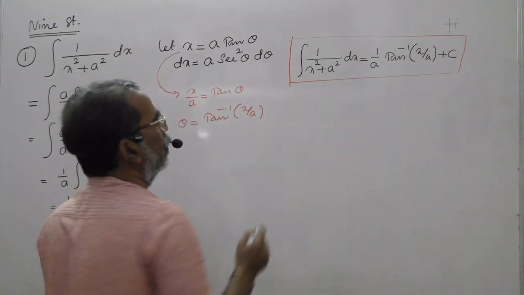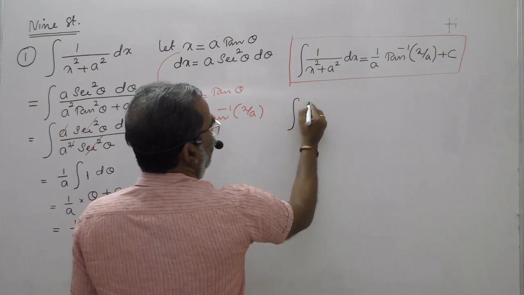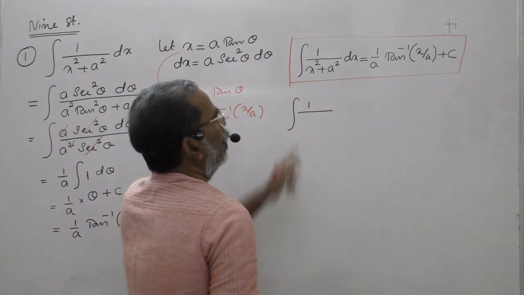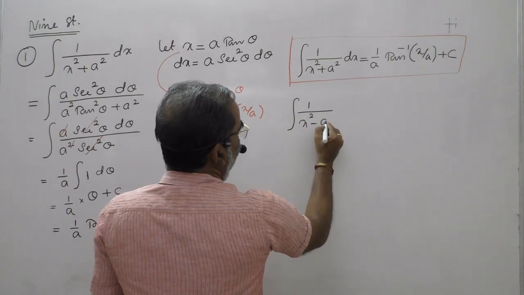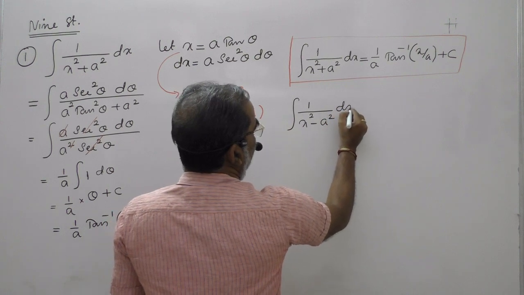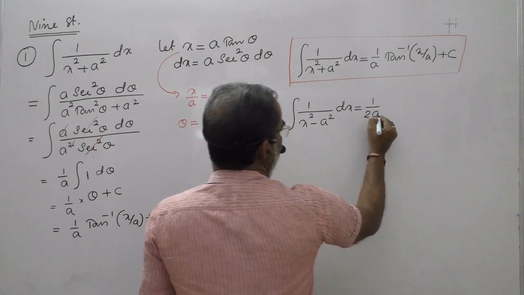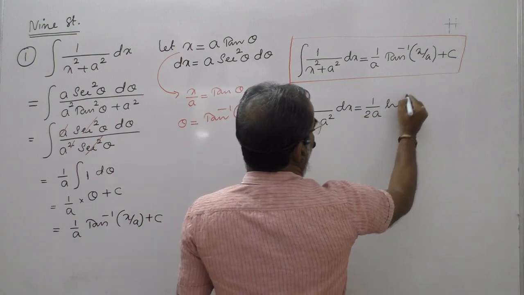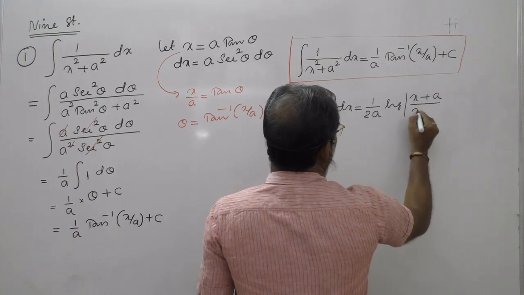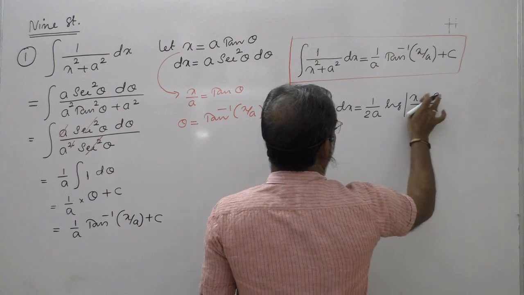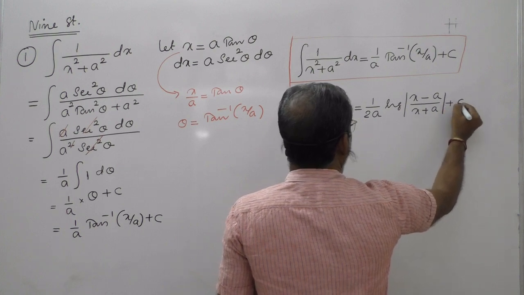Similarly, there will be two more you can do in the same approach. Integral 1 divided by x square minus a square into dx, whose integral will be 1 by 2a into log of x minus a divided by x plus a, plus c.